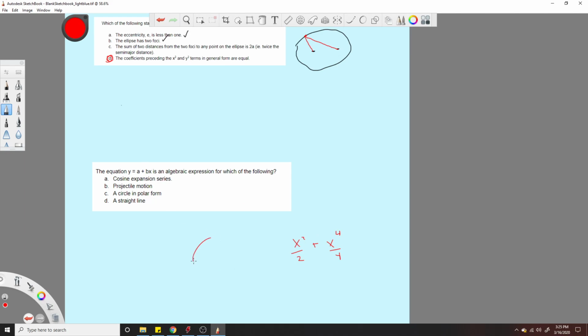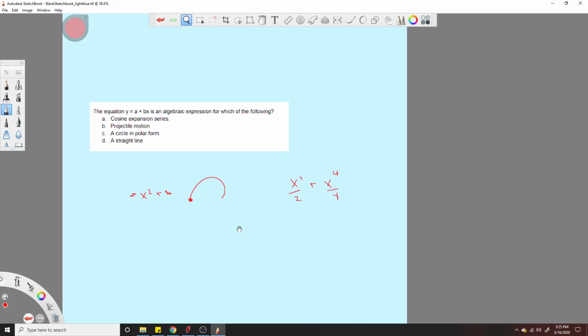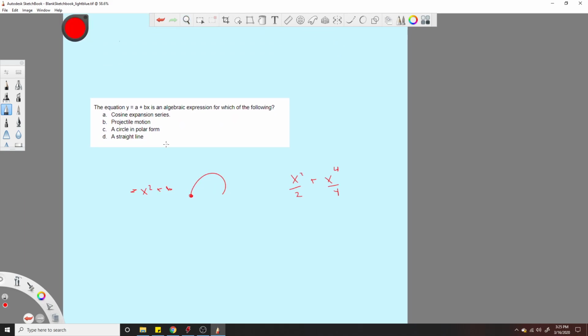Projectile motion is like throwing a ball or something, and you're usually going to have a negative x squared value, maybe some positive b value, but we don't have that x squared, so it's definitely not projectile motion. A circle in polar form?